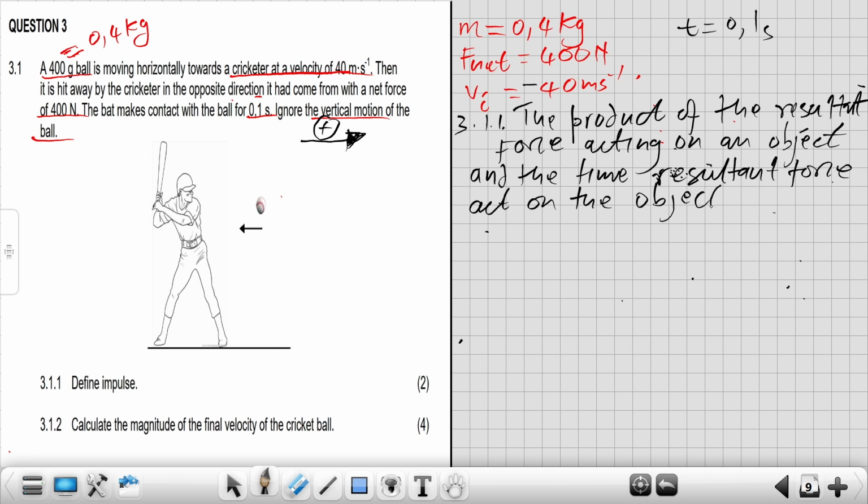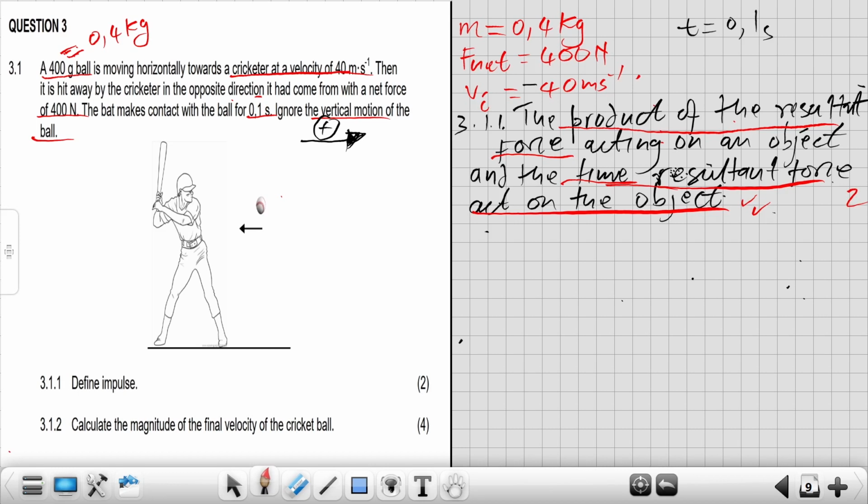It's a definition. I will forever emphasize that in most cases it will be true or zero. But we are looking for the keywords: the product of the resultant force and the time the resultant force acts on an object. So this will be 2 marks as it is.